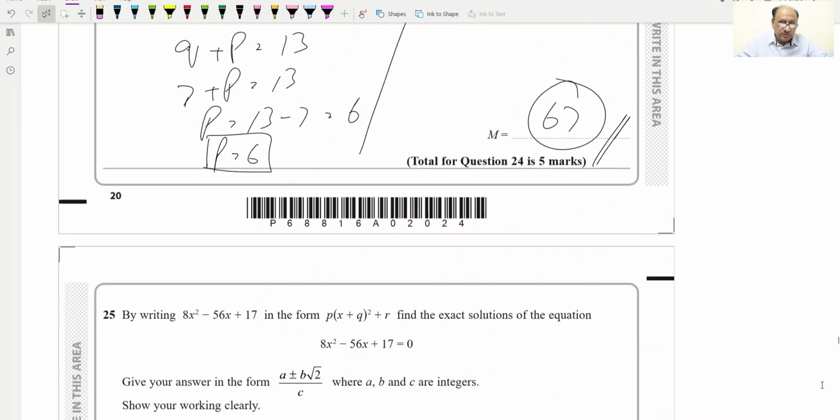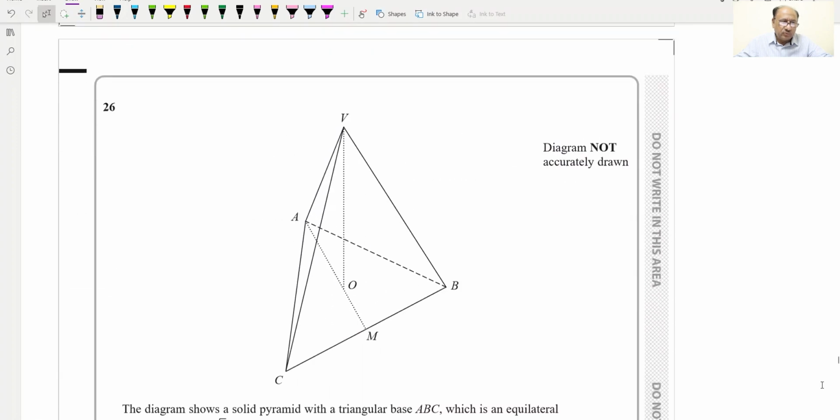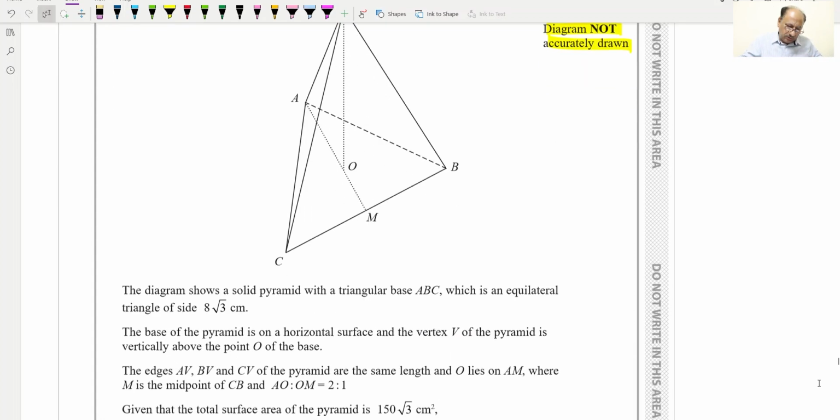Hopefully you understood this. Now we can move to question number 26, and question 26 says the diagram is not accurately drawn.